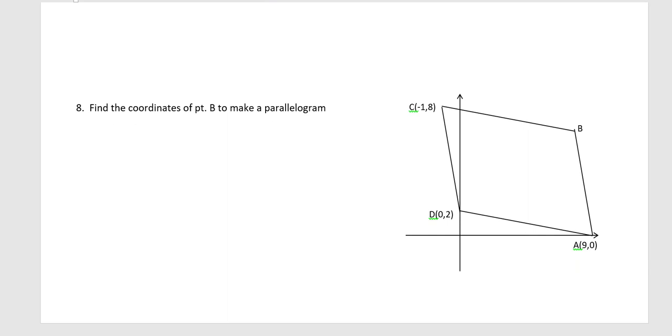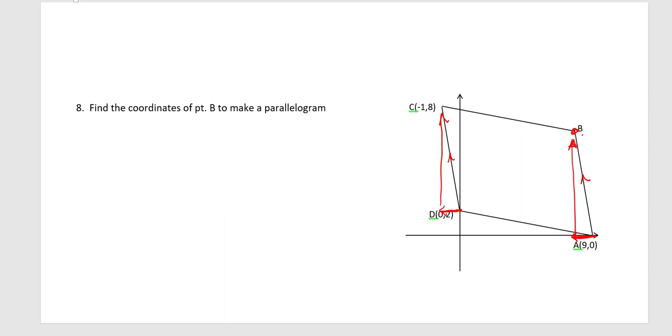Okay, you've got a parallelogram here, which means that these are parallel to each other, and so they have the same slope, which means that if I want to find this point right here, B, all I need to do is go from the D, go the same amount to the left, and then the same amount up, and do the exact same thing for going from the A to the B. So go the same amount to the left, and then the same amount up to get to where the B is.